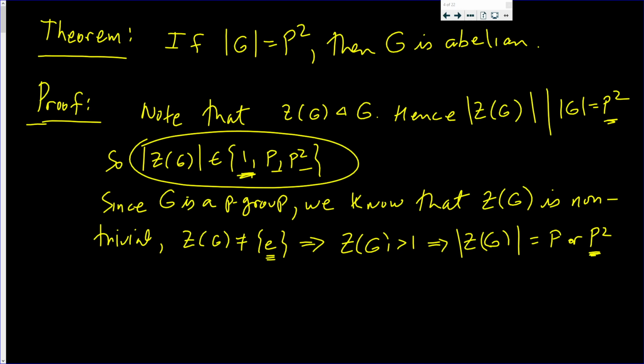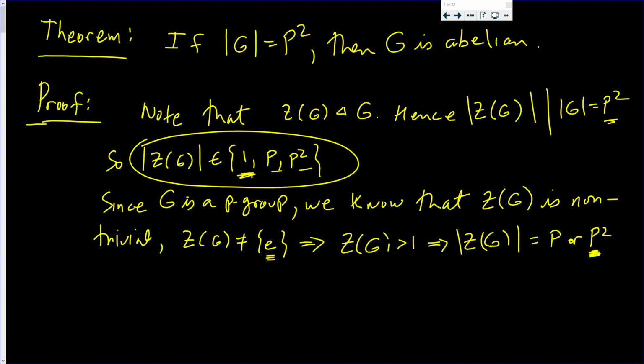That means every element of G is in the center. And to get in there, you must commute with every element of G. So if the order of the center of G is p squared, every element in G commutes with every element in G. That makes G abelian.